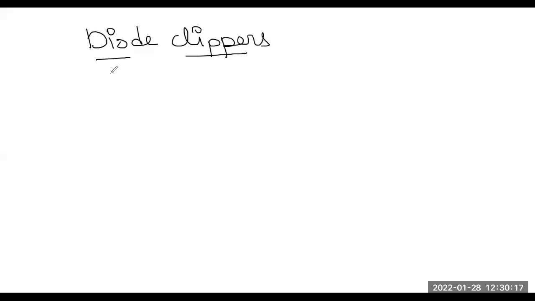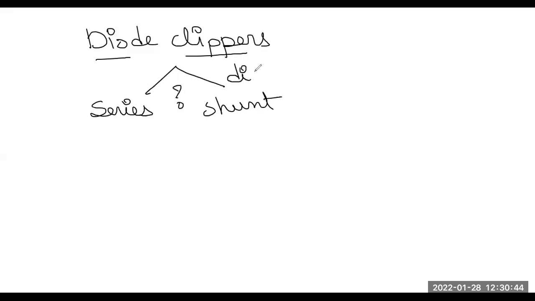These diode clippers are further categorized into two types: series clippers or shunt clippers. Based on what parameter do we categorize them as series and shunt? This categorization is based on the diode position, or how we are connecting the diode in a circuit, whether it is in series or in shunt.